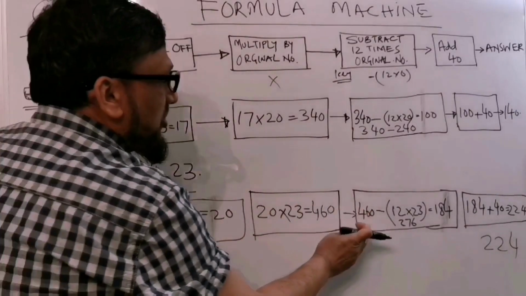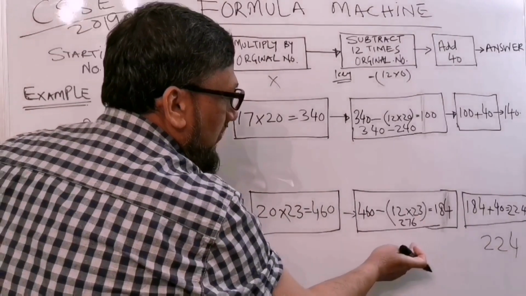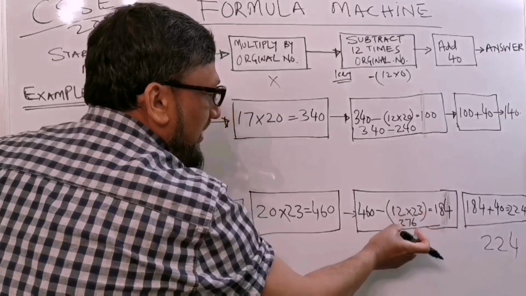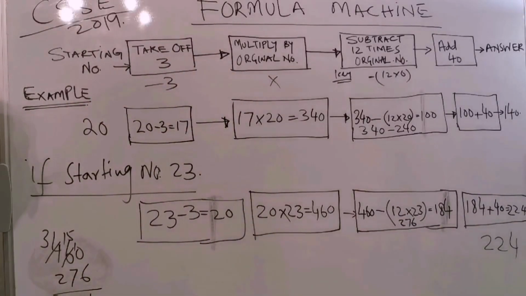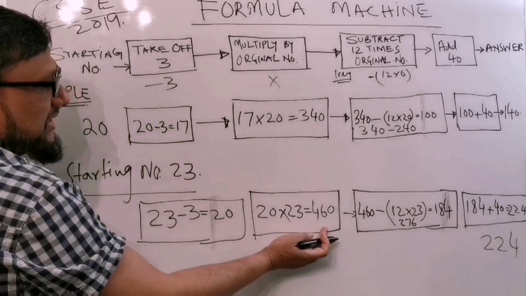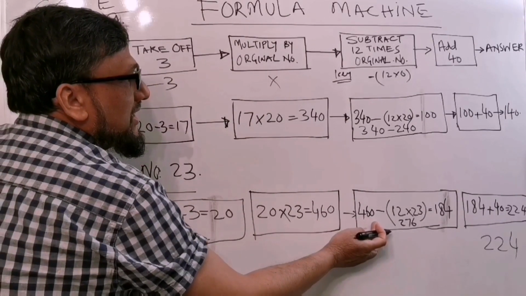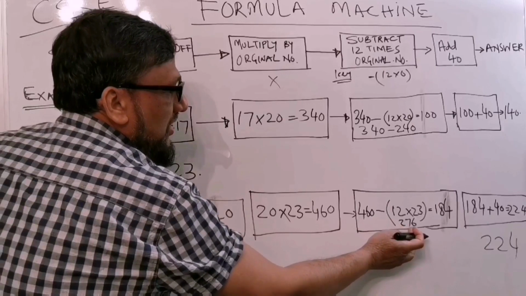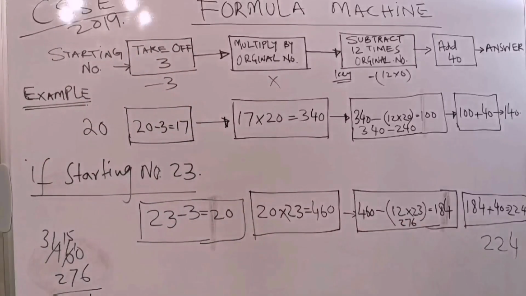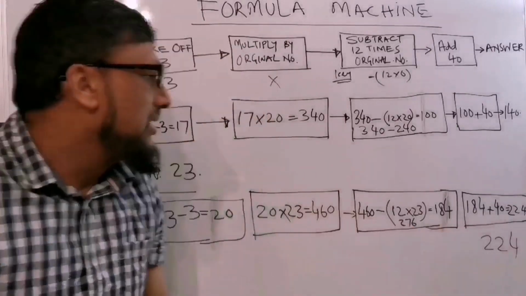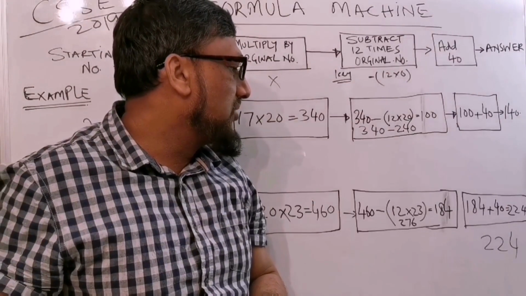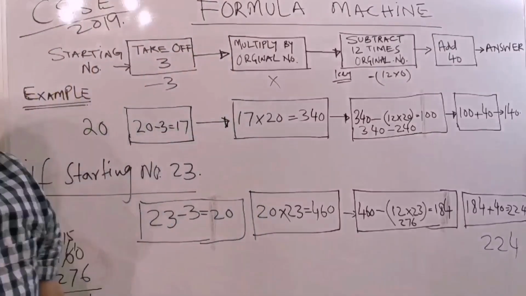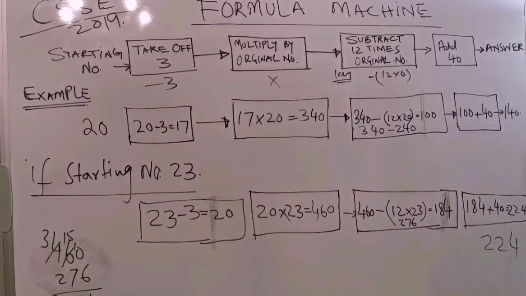It says subtract 12 times the original number, so in a bracket 12 times 23, which is 276. And the answer from the second step, 460, minus 276 gives 184. In the final stage, you add 40 in the last step to get the final answer, 224.